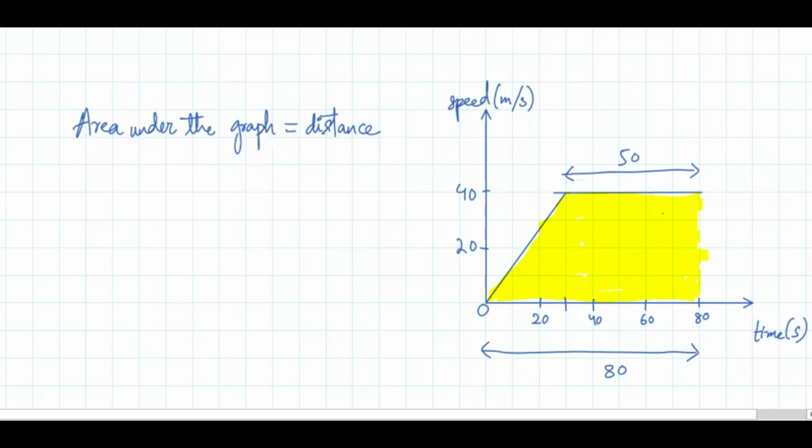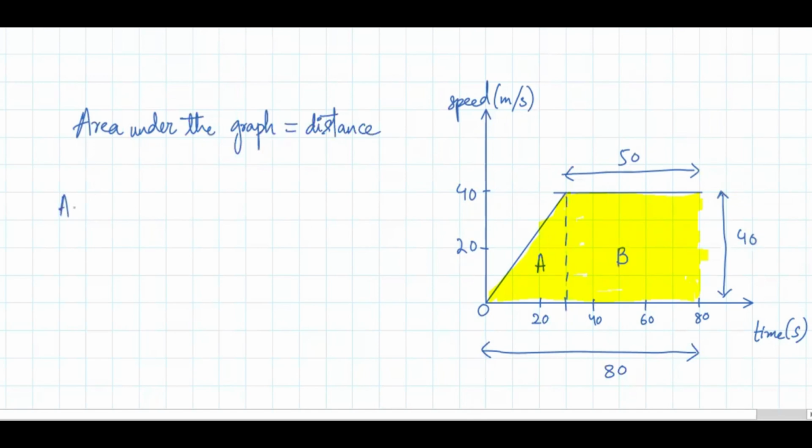And the height of the trapezium is 40. Or, if that's not your kind of thing, you could just draw a dotted line here, find the area of triangle A, find the area of rectangle B, and add those two together.